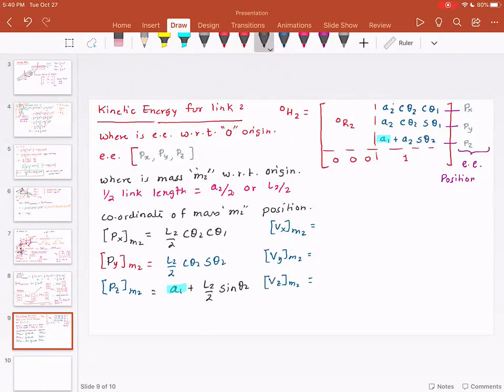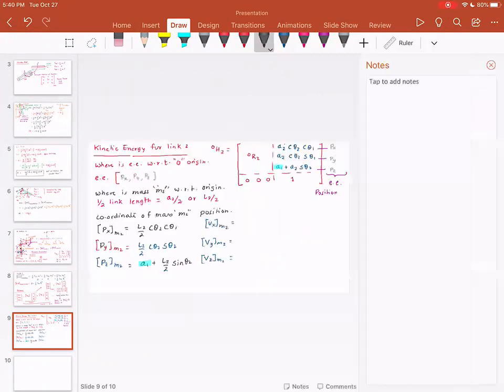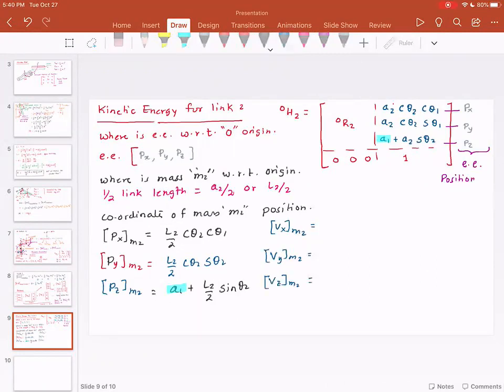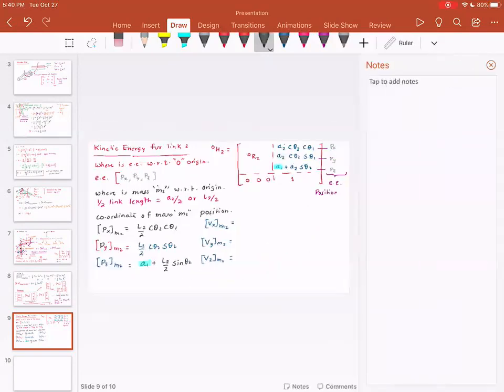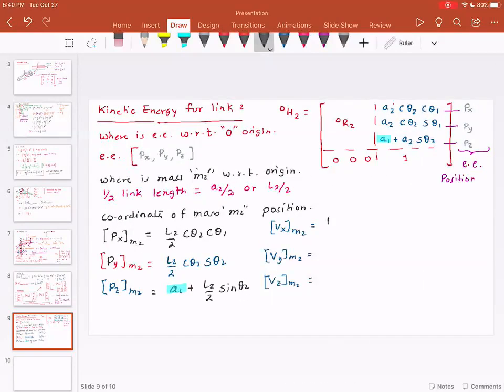What I'm going to do is write down those expressions. I actually manually derived these expressions, so I will write them down.